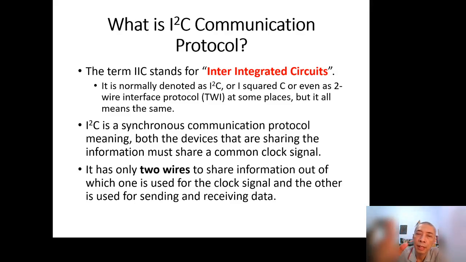If they send the data, they cannot receive the data. If they receive the data, they cannot send the data, and so on. So this is the I2C, the inter-integrated circuits protocol.